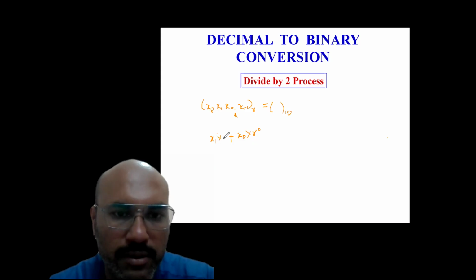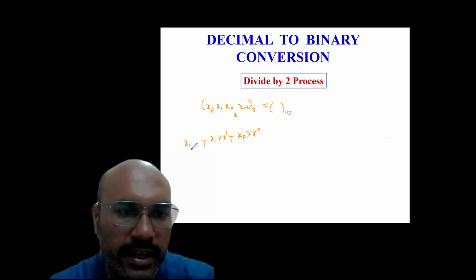So I will multiply this with r to the power 1, and similarly the MSB, that is x2 in this case, it might be x4 or x5, any kind of number given to you, long or short, so this will be r to the power 2.